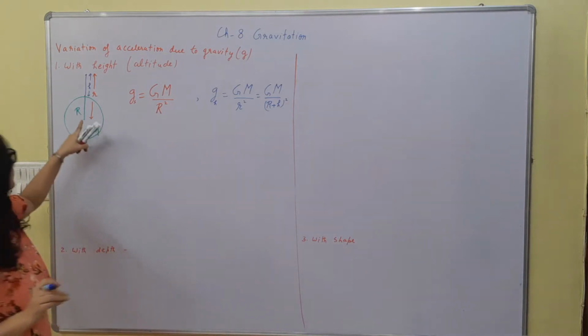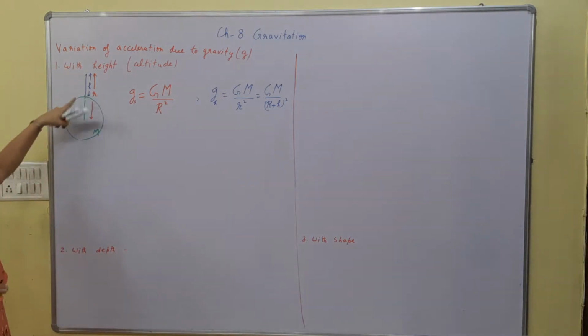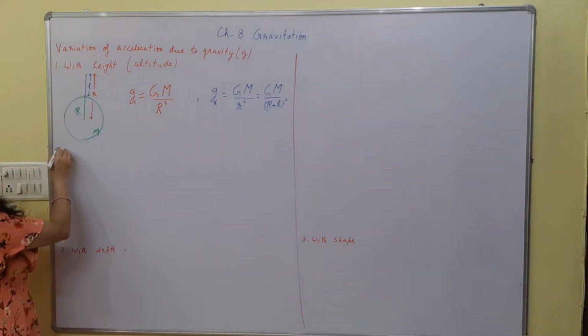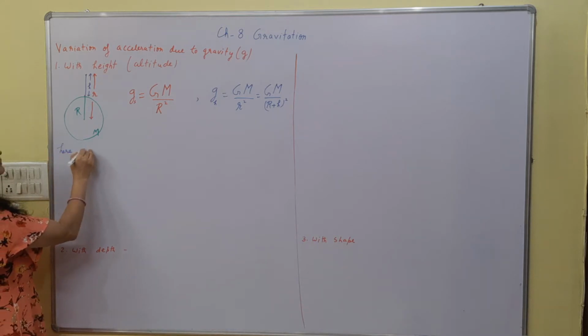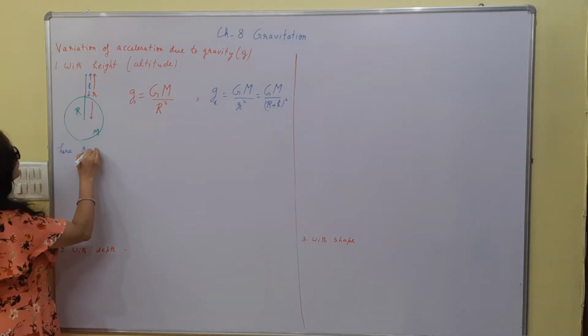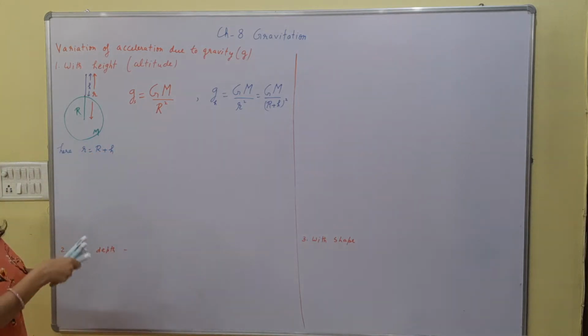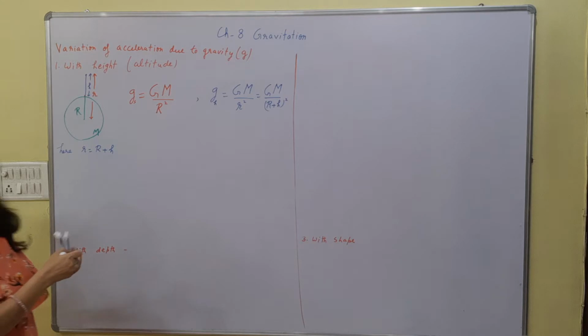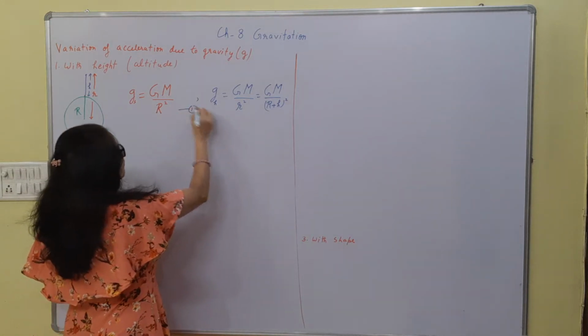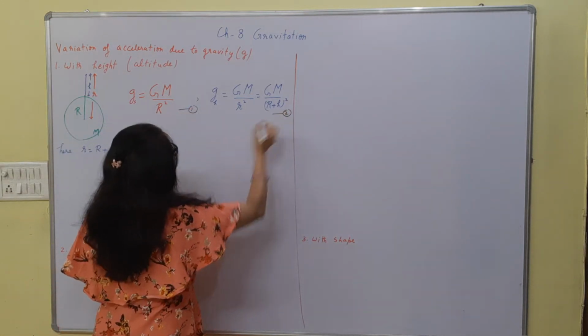So this is clear from the diagram. Capital R plus h gives you small r. Right? So let's take this as equation 1 and this as equation 2.